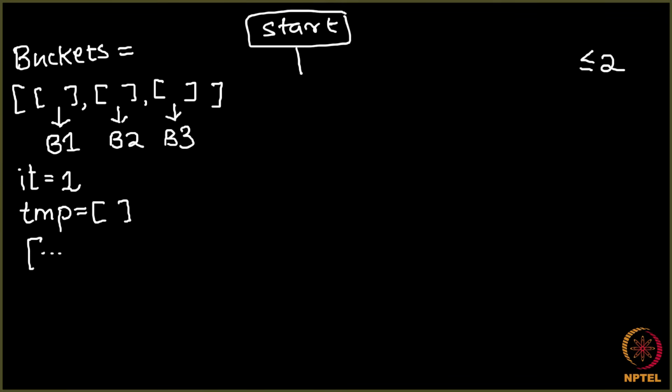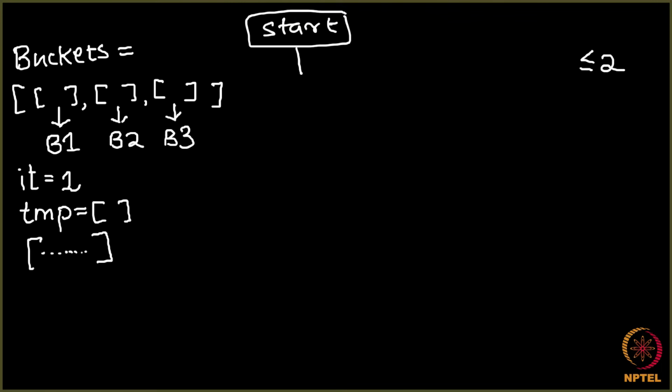So we will keep filling tmp, and a point will come where all the nodes having degree less than or equal to 1 will be removed from this network. At that time we are going to close tmp, and we'll say that this tmp is nothing but bucket 1, and we'll append tmp here. It will be further clear. Okay, so what we are going to do is, we have a start here.